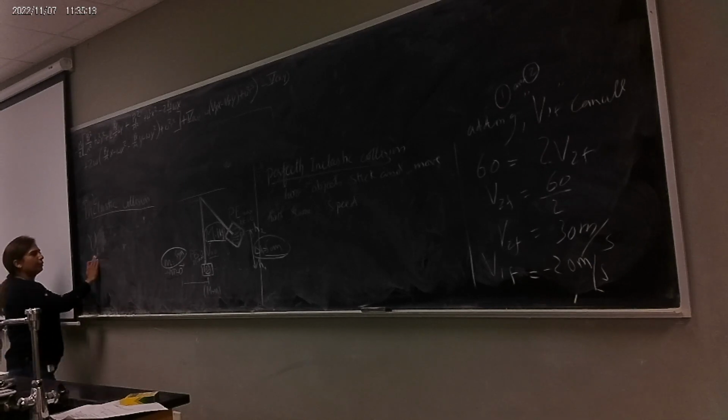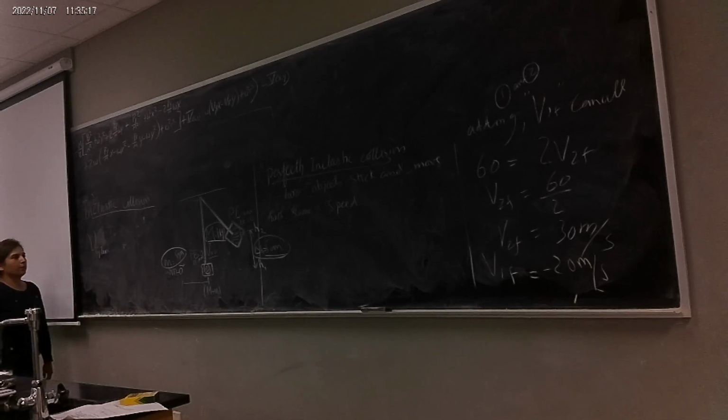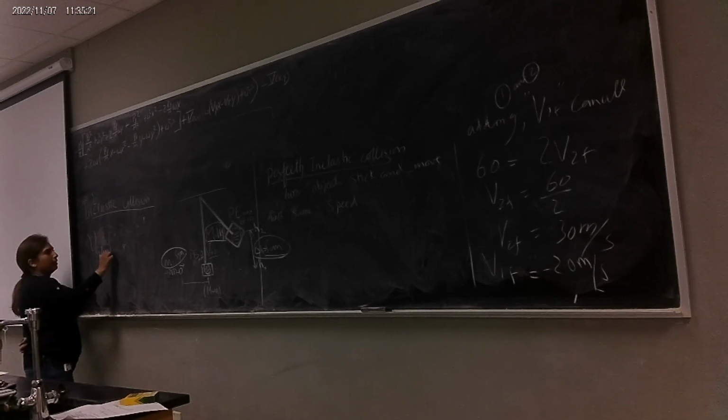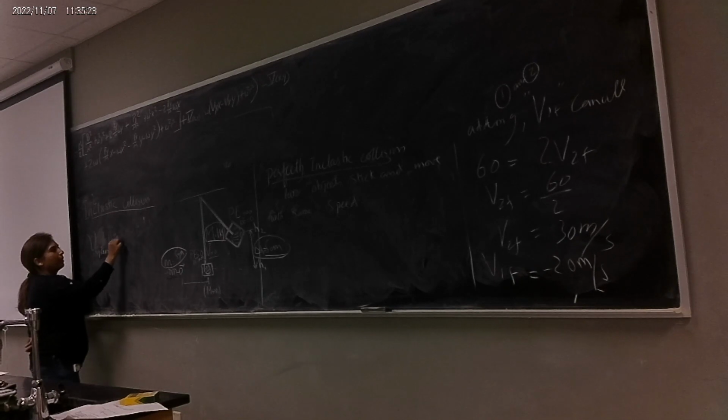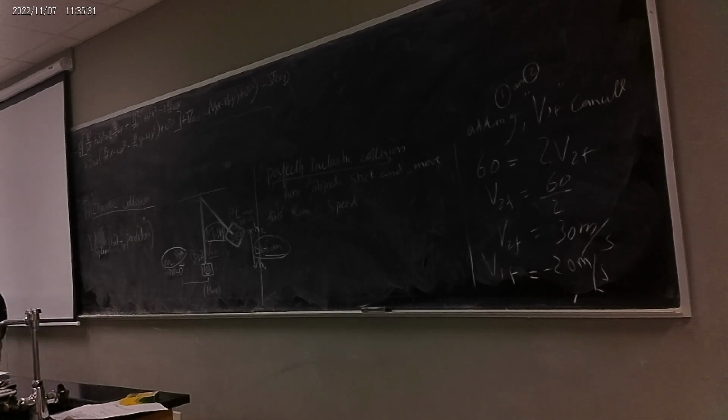Okay, let's do that later. First do the system. We can get it later. V system means the ball plus the pendulum. Can someone tell me which speed we are specifically looking for? Where in the motion?